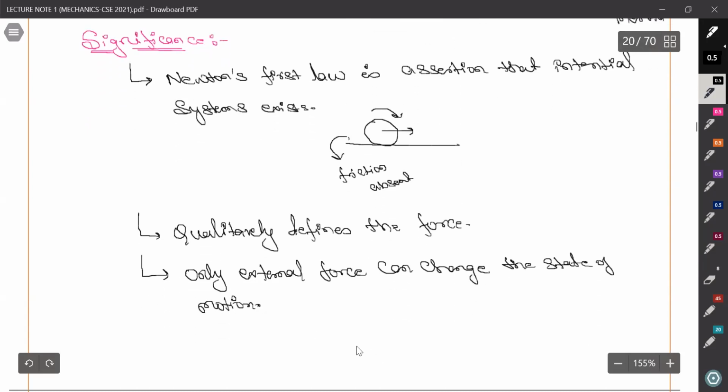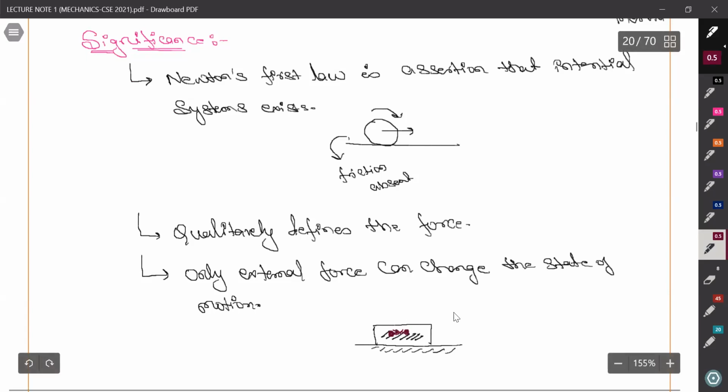So what does it mean? Suppose a block is given here, and we consider 2 points here. Both of them are attracting each other, both are in contact with each other, so both are exerting contact forces on each other.